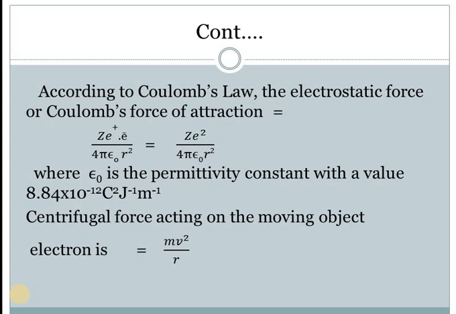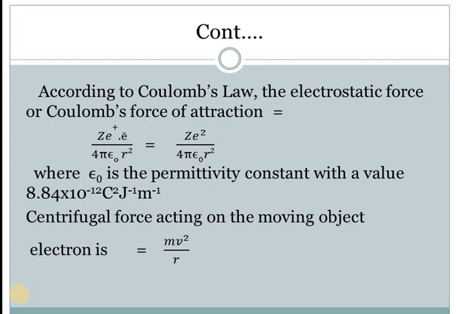Now according to Coulomb's law, the electrostatic force or Coulomb's force of attraction is equal to Ze times e, where the plus means we are talking about the protons, divided by 4 pi epsilon naught r square. As both the charges are there, if we just add the charges, it becomes e square.